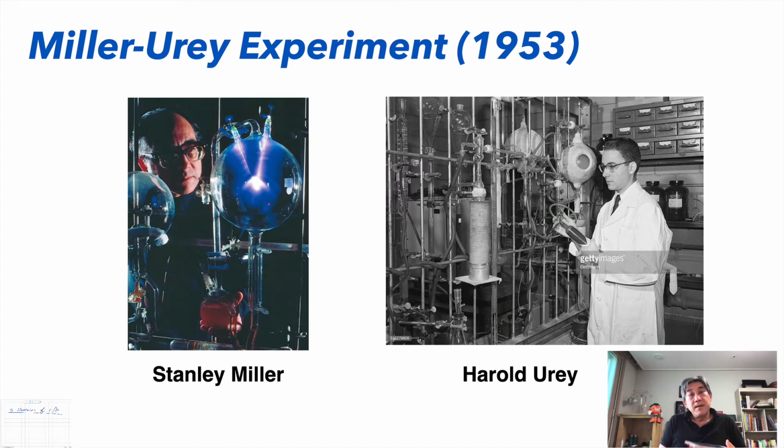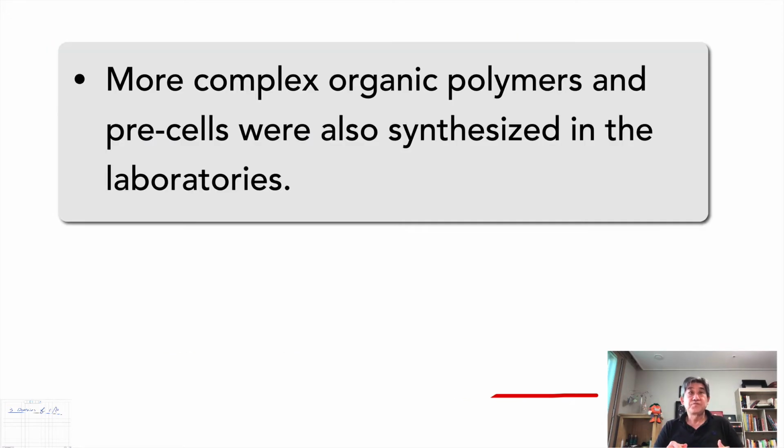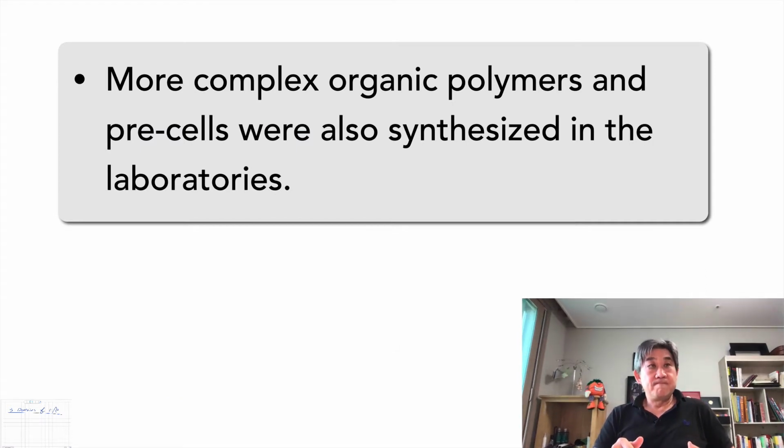Yeah. And so this Stanley Miller, back then in 1953, was a mere graduate student under the supervision of the already renowned scientist Harold Urey, and both were recognized for this work. And in continuation of this work, more complex organic polymers, and even pre-cells, were synthesized.